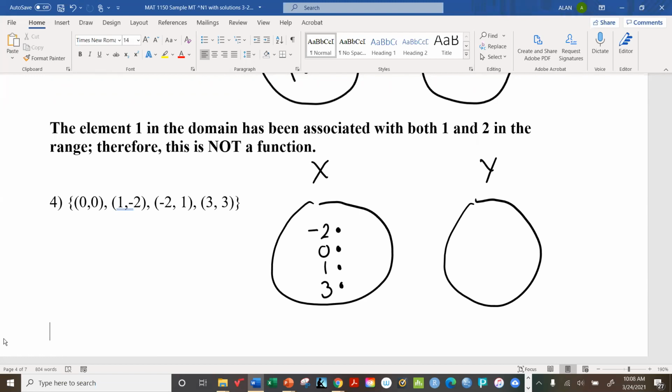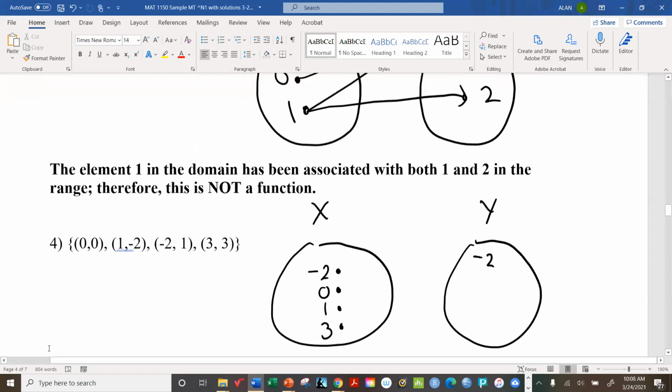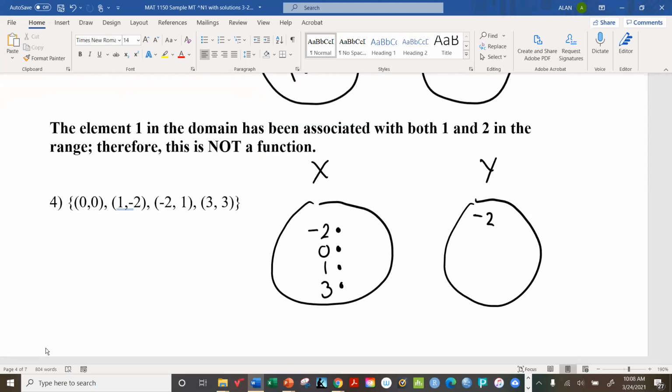Over here for the y's, we've got a -2, a 0, a 1. So we have 0, 0, 1, -2, -2, 1, and 3, 3. Oh, this one is fine.